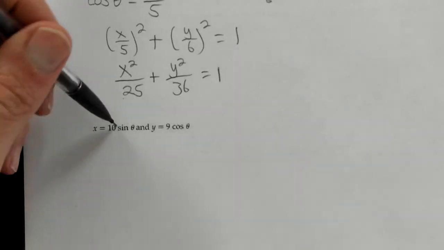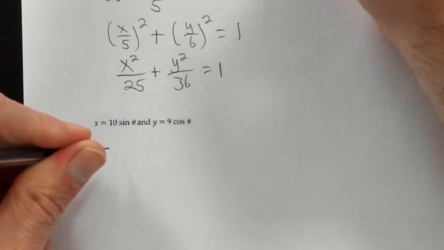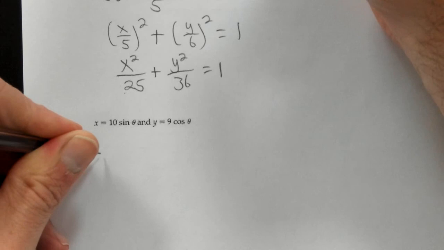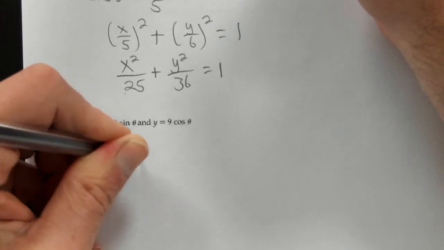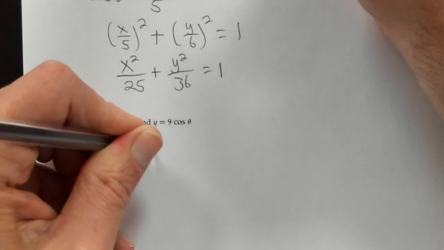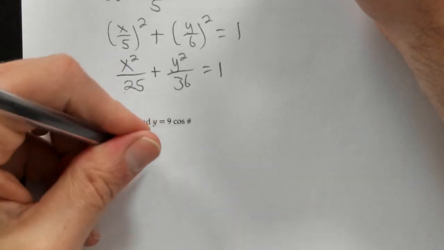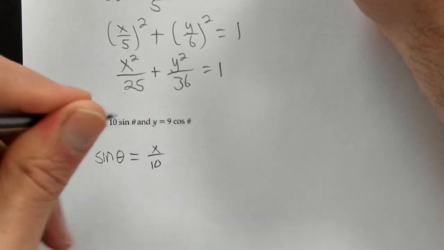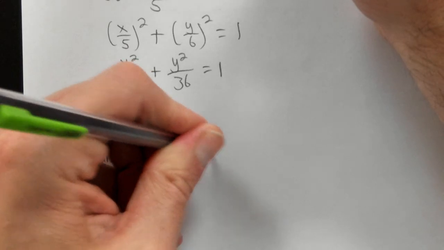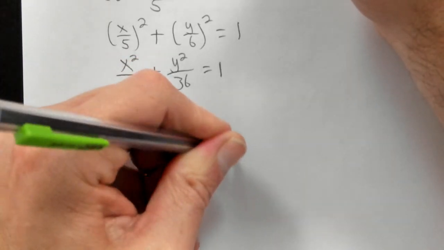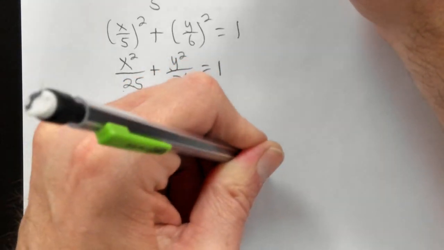All right, what about this one? Let's say I wanted to solve this one for sine of theta. That would be sine of theta is equal to x over 10, and the cosine of theta from the second equation is going to be equal to y over 9.